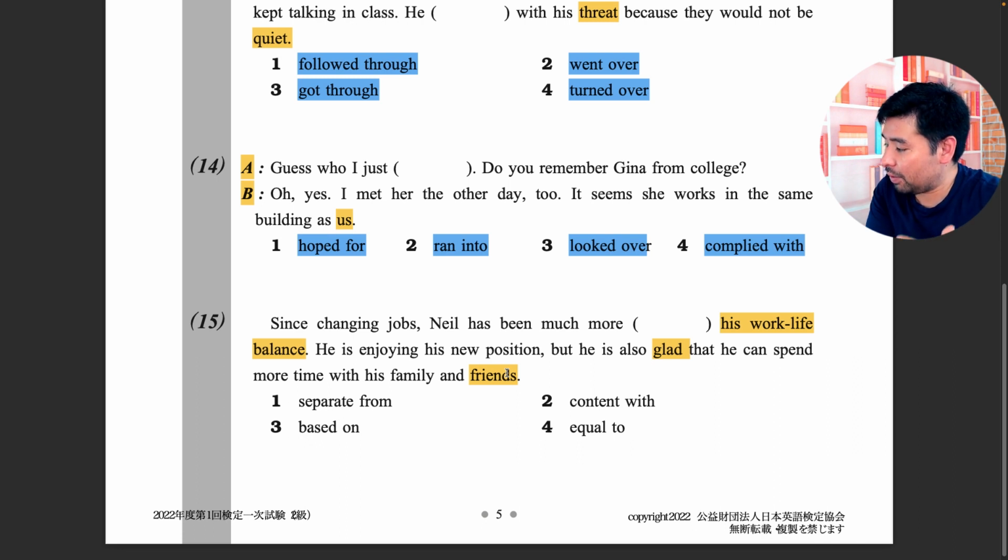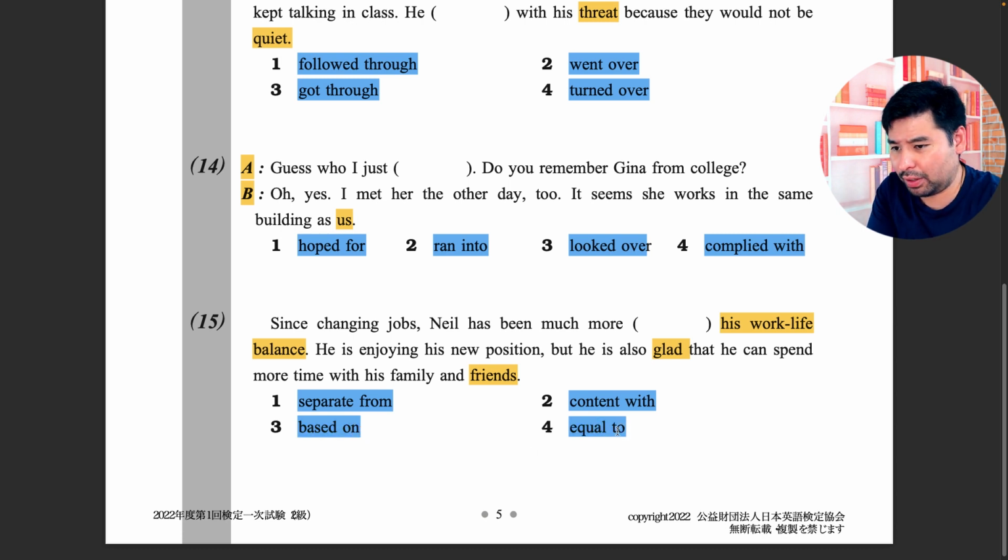And then Neo has been, present perfect, much more his work-life balance. He changed the job, so something changed in his work-life balance. So maybe it has been more what? Separate from his work-life balance, content with, based on, or equal to.